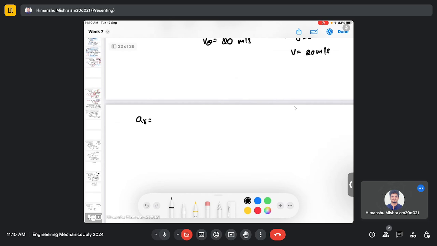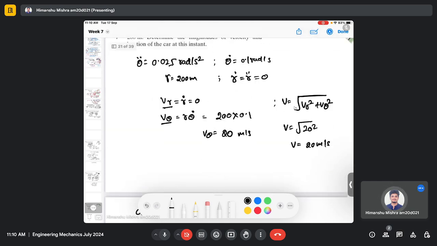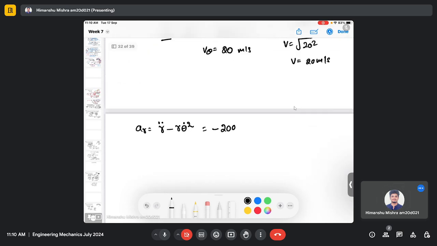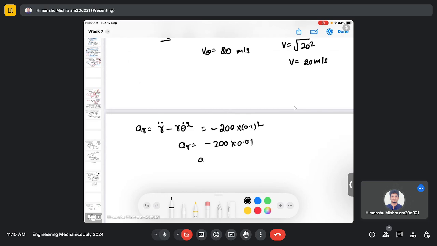The radial component of acceleration will be r double dot minus r theta dot square. r double dot is 0, r is 200 and theta dot is 0.1, so 0.1 square is 0.01, and a r is 200 multiplied by 0.01, which is minus 2 meter per second square.